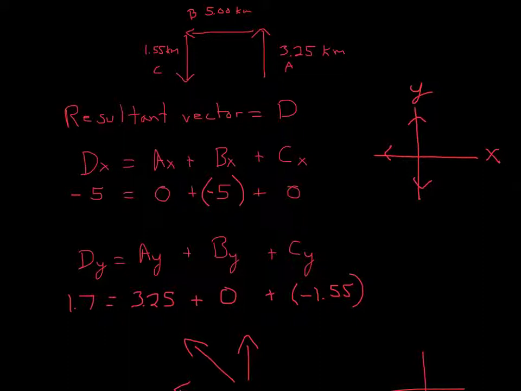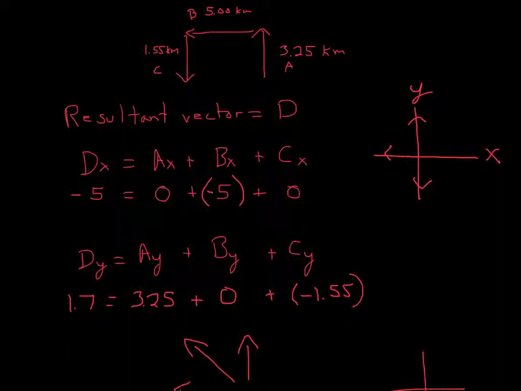And then next, the y component of C. Since it's completely on the negative part of the y-axis, it's going to be -1.55. So this becomes important because once you add these two, you'll get 1.7. And here it's just -5.